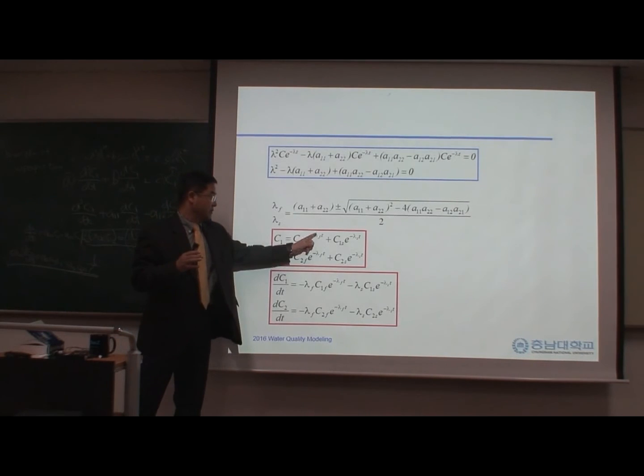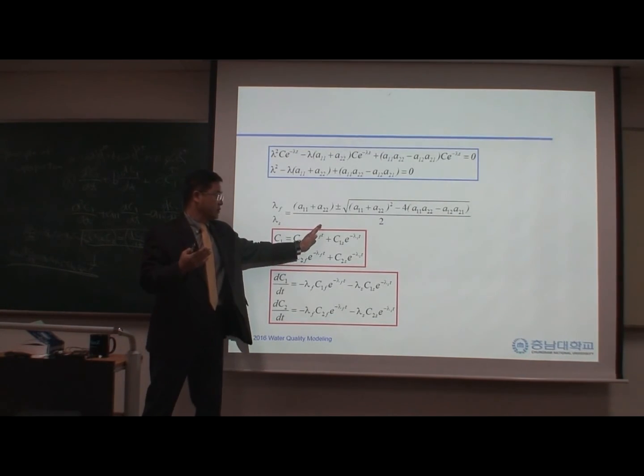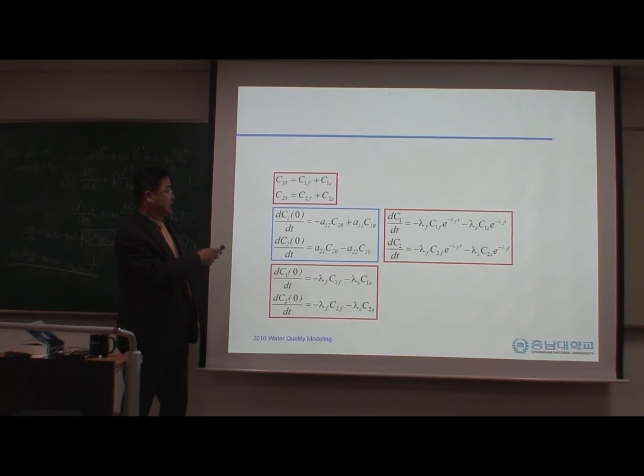And if we have the 0 term, the power of e is just 1, and 1, 1, 1, right? Okay? So we have these two are the value of C1,0, and the addition of these two is the value of C2,0.